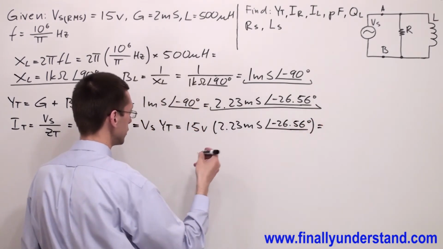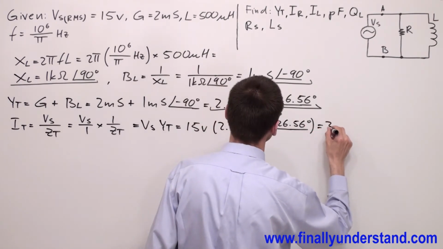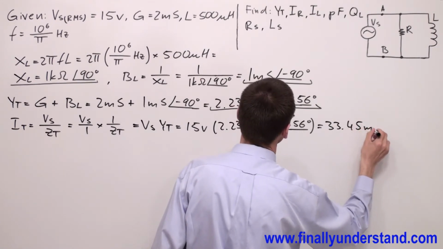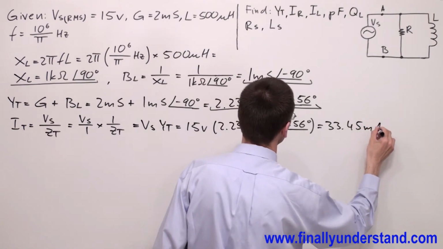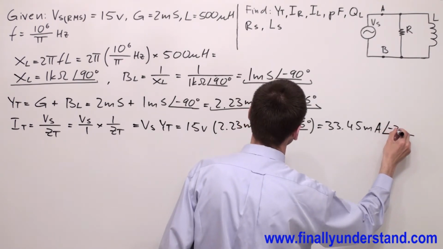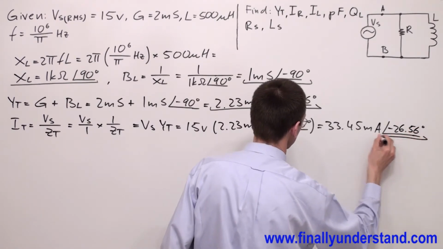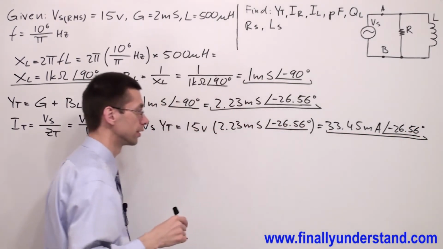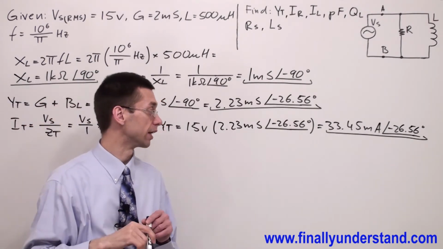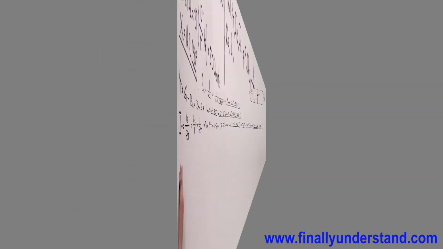Use the calculator and you're supposed to obtain the value of 33.45 milliamps and angle of negative 26.56 degrees. So this is the total current in the circuit. One more time, I need to find I total in order to use current division law.